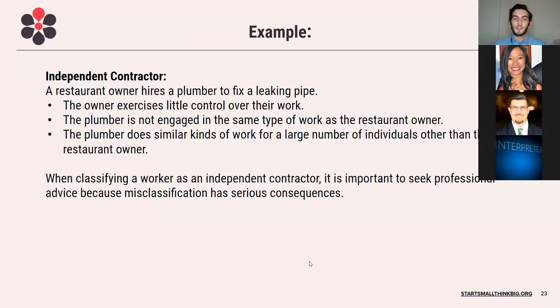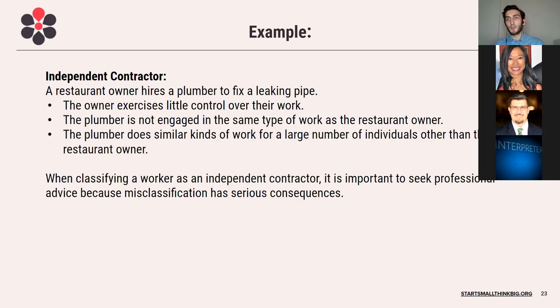And this is an example of going into a little bit more detail about where somebody would be an independent contractor and how each of those three prongs is met. One thing to note is, when somebody is an employee, that carries a lot of the obligations that we're going to discuss later.